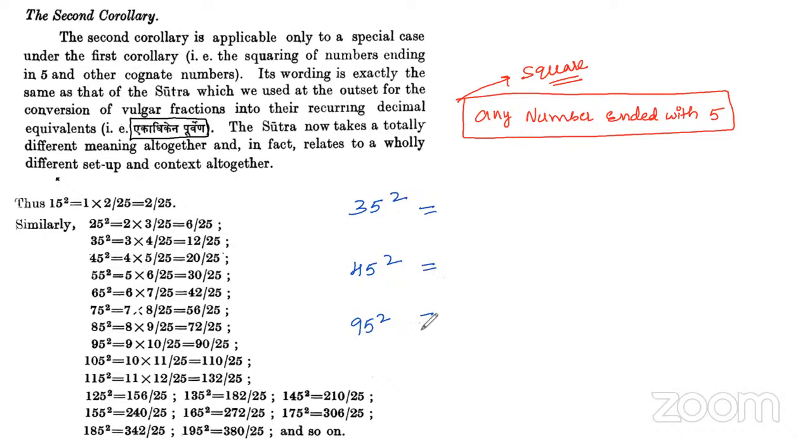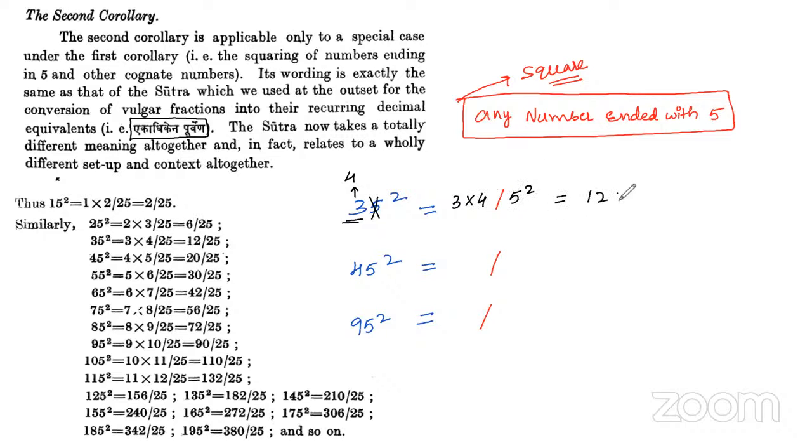In this case, the answer will be divided into 2 parts. Except the unit place digit, take the successor of the remaining digit. It means Ekadhikena, one more than that number. That is 4, and 3 into 4 we have to do, and here it will be 5 square only.